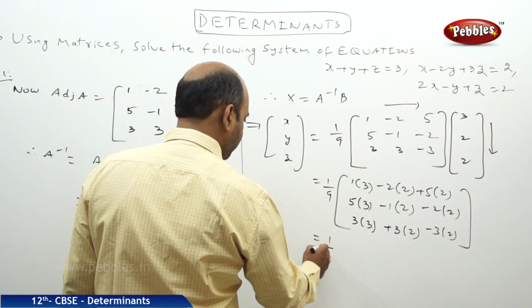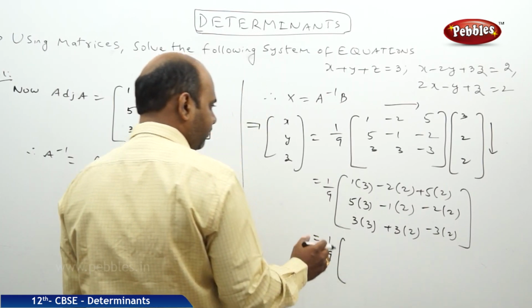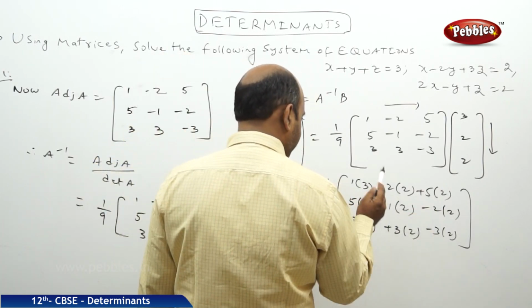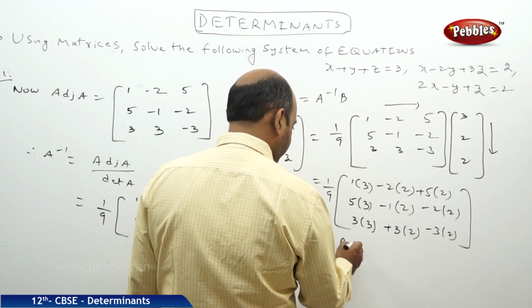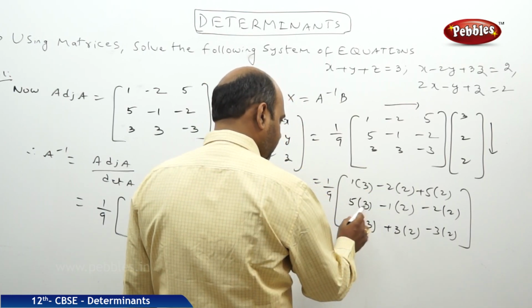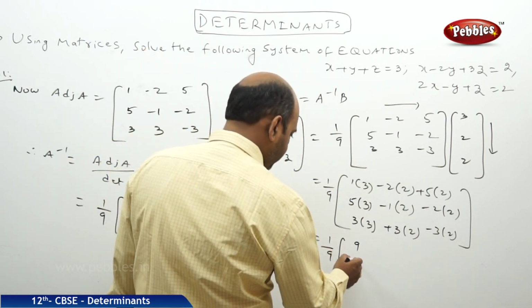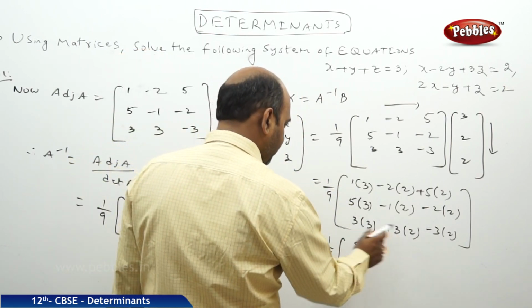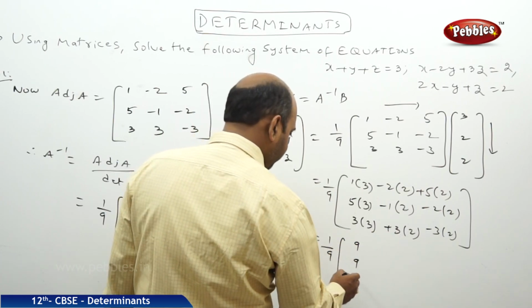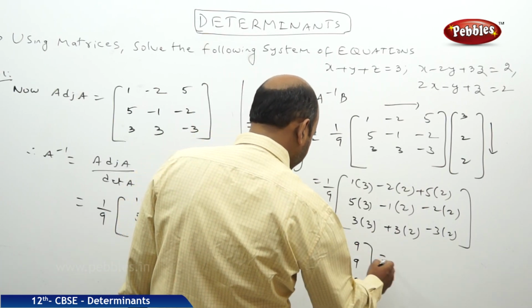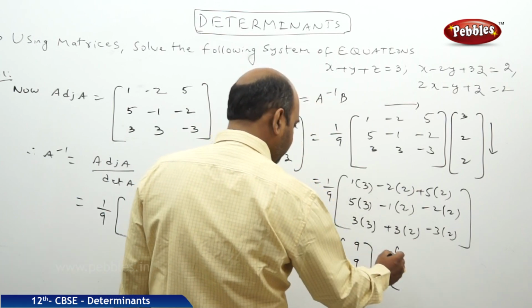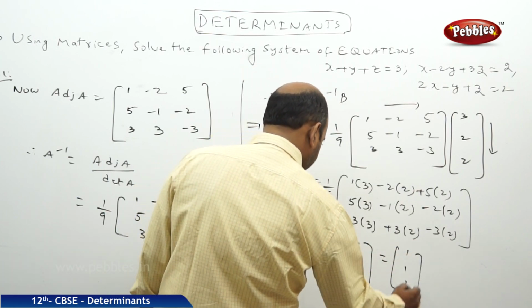So finally 1 by 9 into 10 plus 3 is 13, 13 minus 4 is 9, and here also 15, 15 minus 4 is 11, 11 minus 2 is 9. Here also 9 plus 6 is 15, 15 minus 6 is 9. So finally 1 by 9 going inside, we'll be getting 1 1 1.